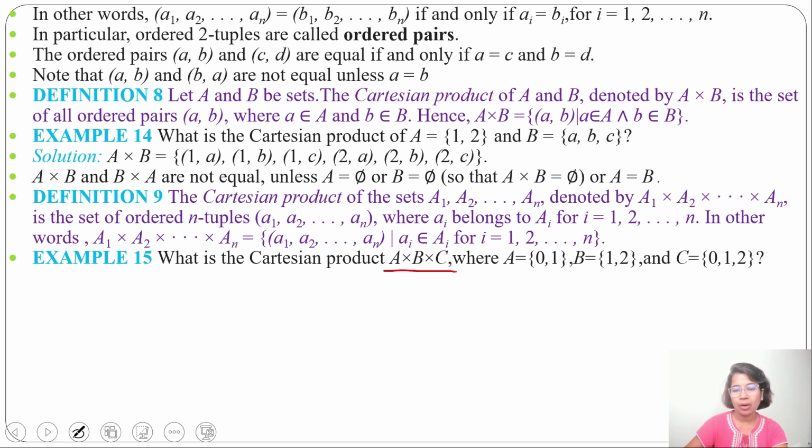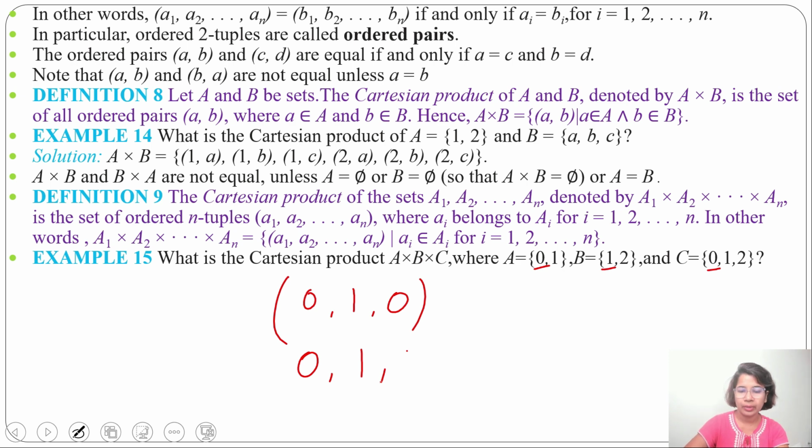So in every ordered triple (a, b, c), a belongs to set A, b belongs to set B, c belongs to set C. Let's do the Cartesian product. It will contain 0 from set A, then from set B 1, from set C 0. Now from set A again 0, from set B again 1, from set C we can take 1. I am doing it in a sequence, you can do it in any way.